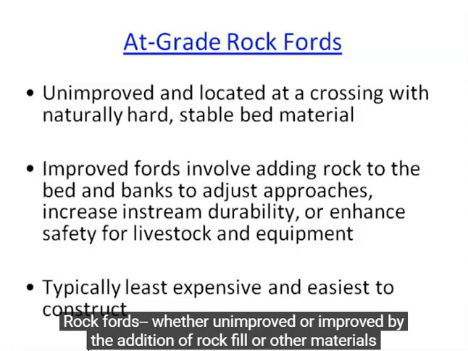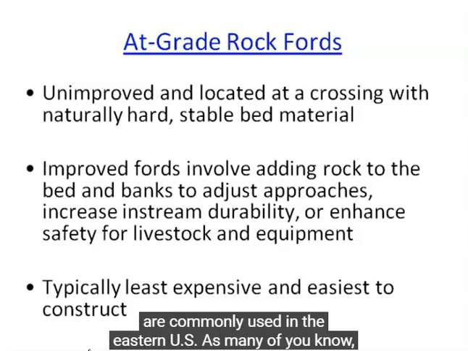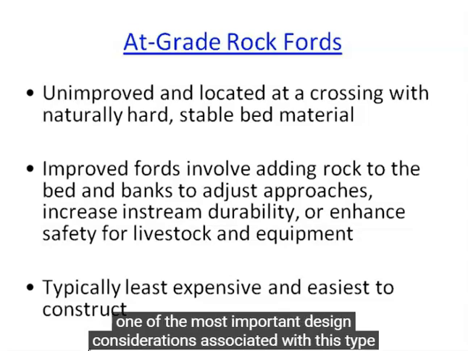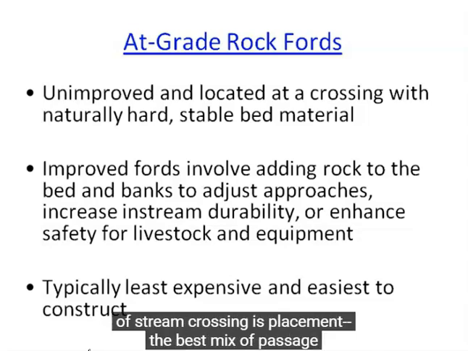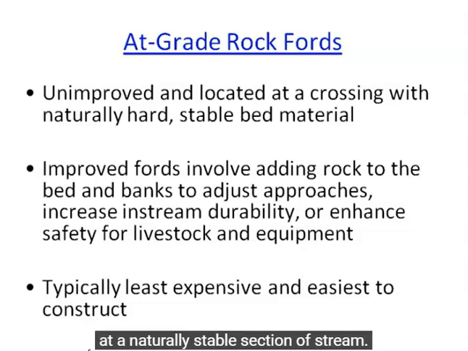Rock fords, whether unimproved or improved by the addition of rock fill or other materials that harden the crossing and support equipment loads, are commonly used in the eastern U.S. As many of you know, one of the most important design considerations associated with this type of stream crossing is placement. The best mix of passage and stability conditions will be found when the crossing is sited at a naturally stable section of stream.